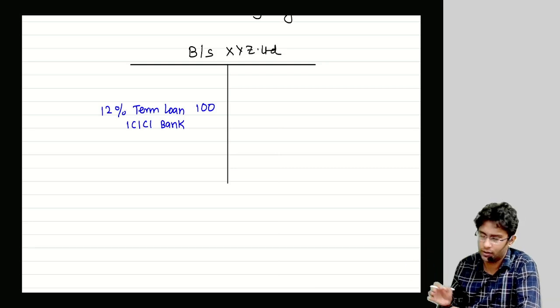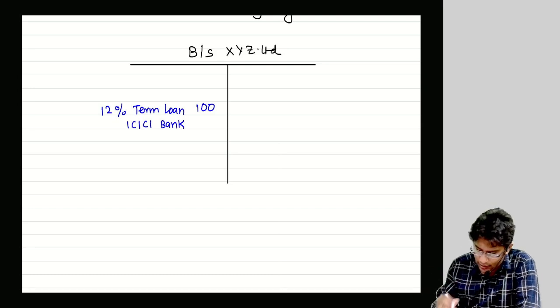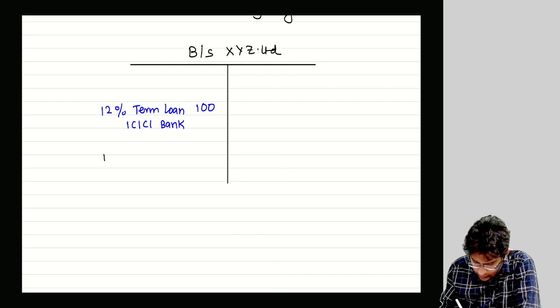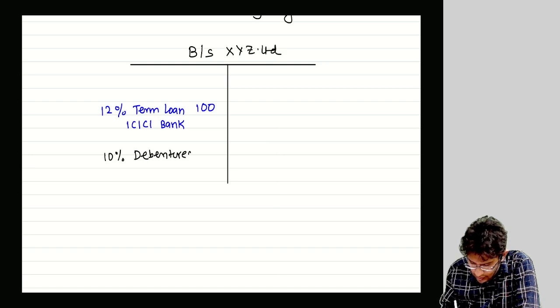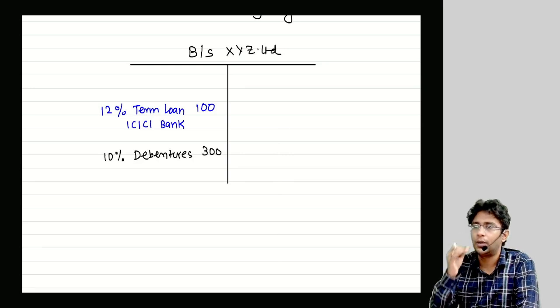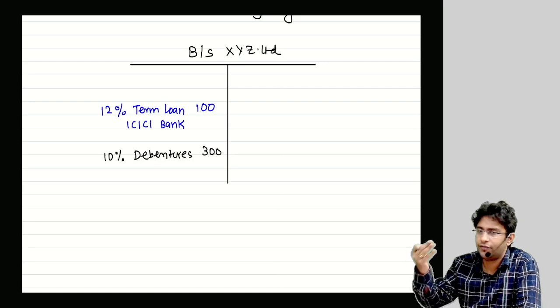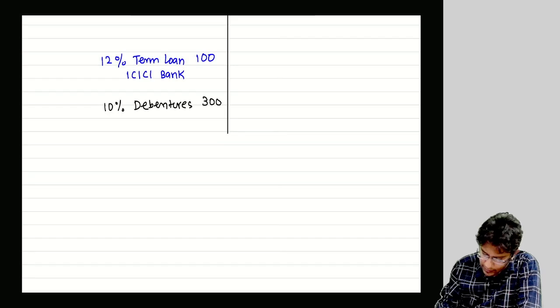This is one borrowing. Look at another borrowing now. In another borrowing, the company issued 10% debentures and raised 300 crores. Now, for these 10% debentures, the company has issued a security, and some people have invested money in this. Now who are these people?